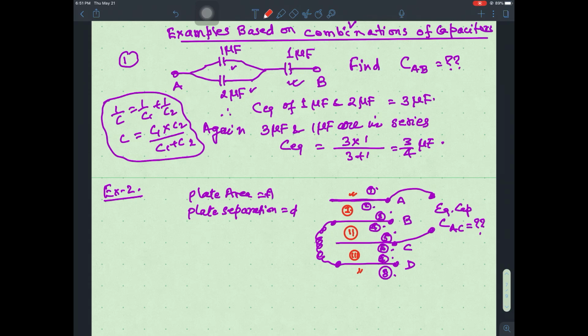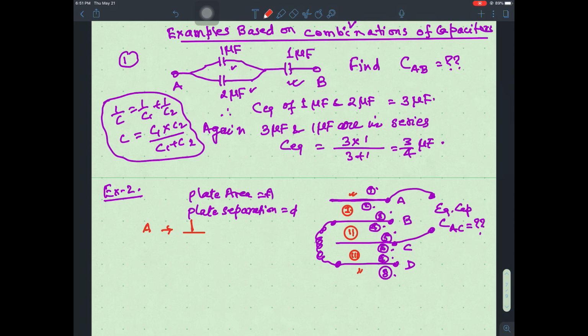Here a thing we will have to understand: for plate A, a single side is being used, so we will represent plate A by this symbol.